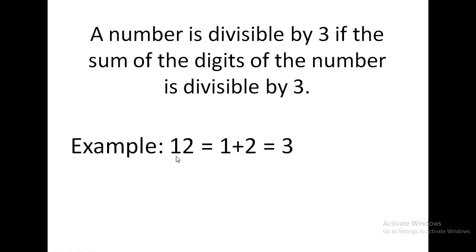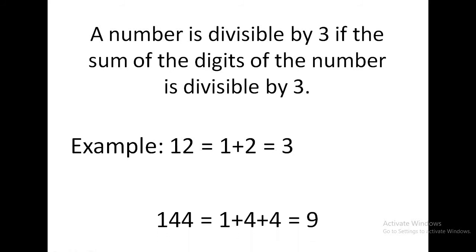There are 2 digits, 1 and 2. Add both the digits, you get 3. If this sum is divisible by 3, then the whole number is also divisible by 3. So yes, the sum of the digits is divisible by 3 and hence 12 is divisible by 3.